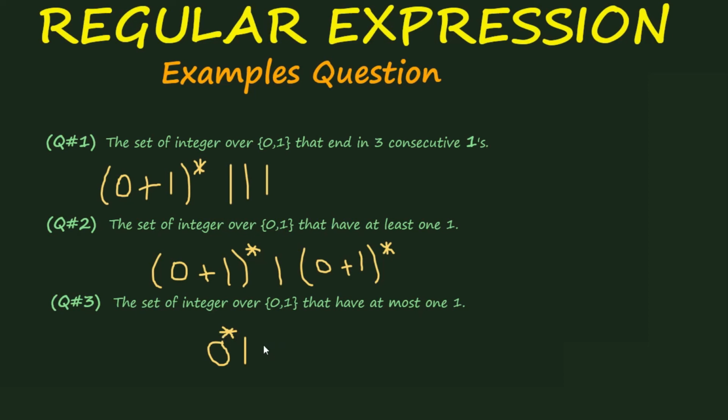And after 1, 0 comes many times, but 1 comes only 1 time.